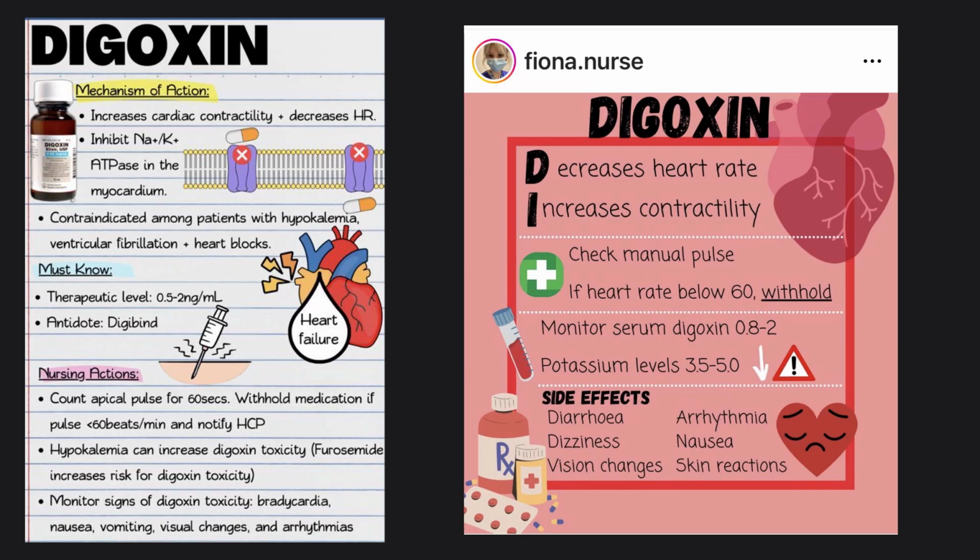So taking digoxin with a condition that can cause arrhythmias increases that. Let me get back to you once I have had time to process that information, and I will tell you that. Because that is a very good point.